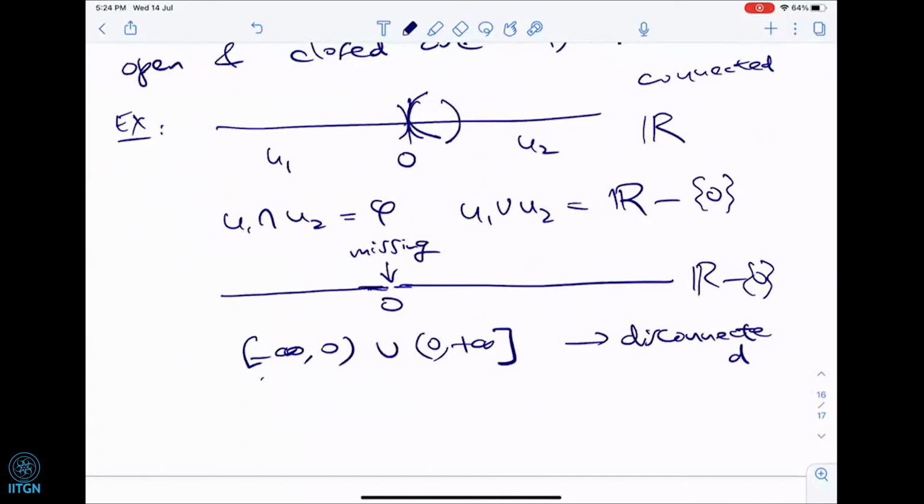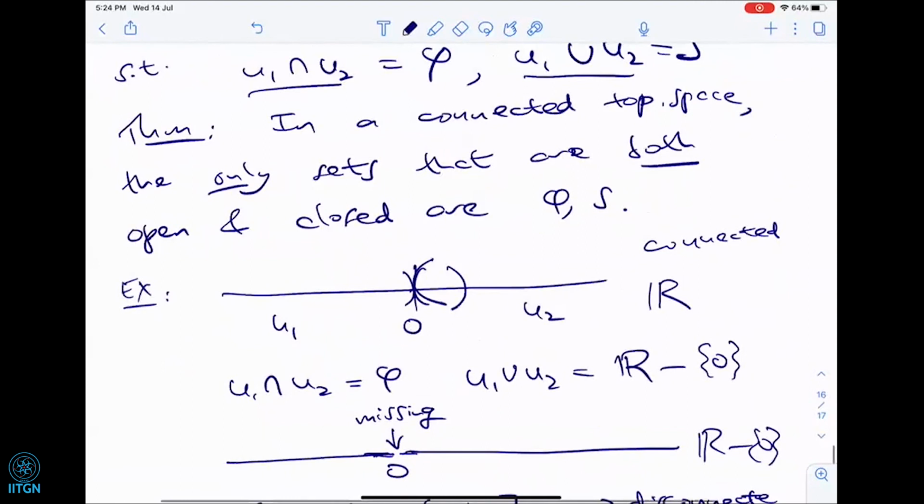And this is a theorem that I wrote, which is that in a connected topological space, the only sets that are both open and closed are the empty set and the full set. That's anyway obvious. They are open and closed right from the beginning. We noted that there aren't any others. At least in a connected space, that gives us some reassurance that open sets are special.